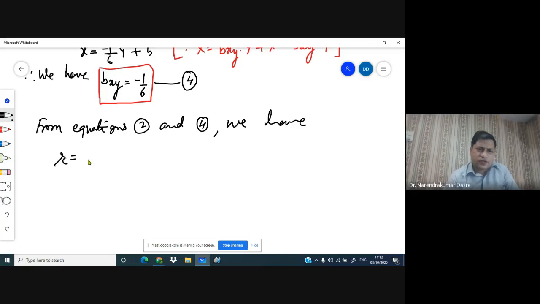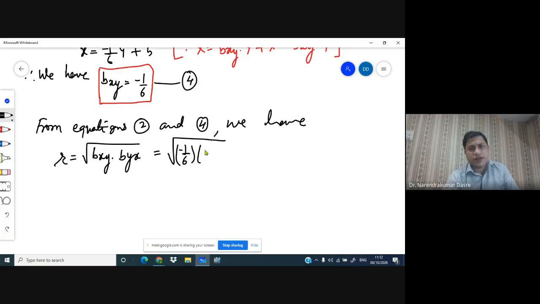r is equal to square root of bxy into byx. So square root of this is minus 1 by 6 into minus 2. So that's what you'll be having here. So this is going to be 1 by 3. Now tell me what is the value you will have?